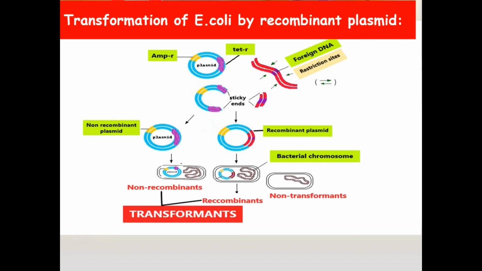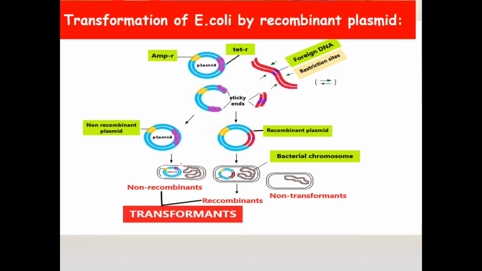To this solution we add bacterial cells, that is E. coli, and providing appropriate conditions, the E. coli bacteria will take up these plasmids. Some of the bacteria pick up the non-recombinant plasmid, some will pick up the recombinant plasmids, and some bacteria will not pick up any plasmid.